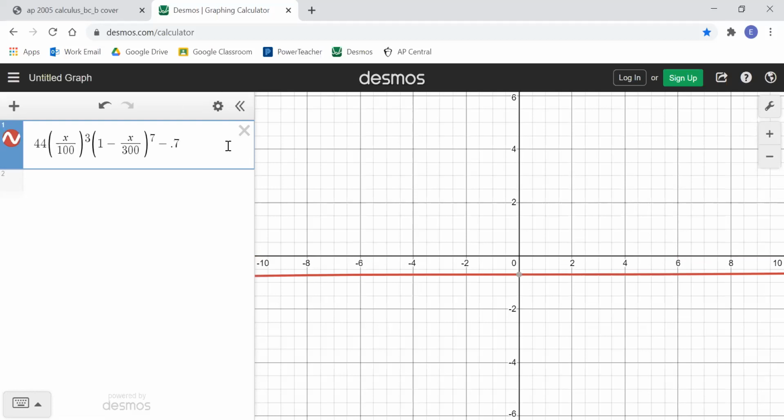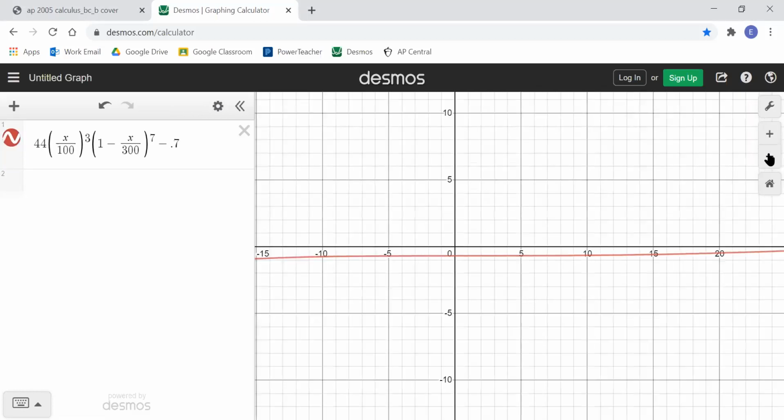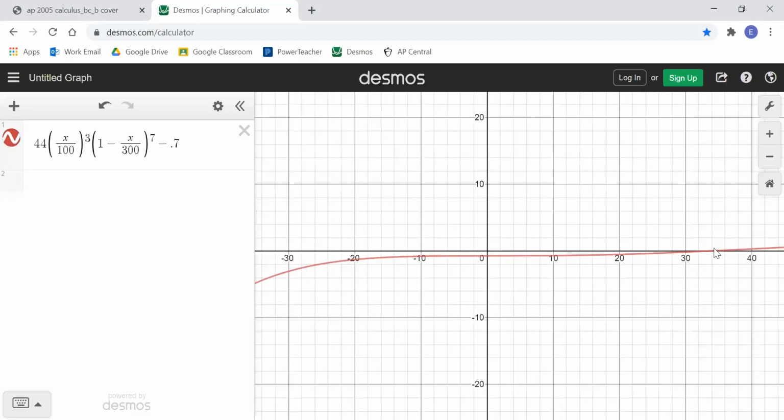Yeah, so I know this is on Desmos, not on your graphing calculator, but when you plug that in, it looks really flat, but it does definitely cross through there at some point, 33.013.